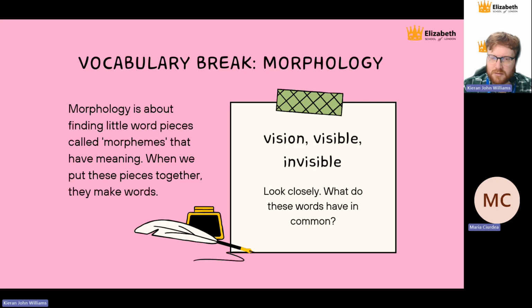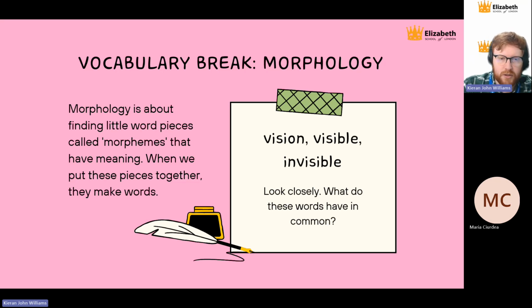They all have V-I-S-I. So the idea is that if they have the same letters in the same place, then you probably say them in the same way and you spell it in the same way as well.